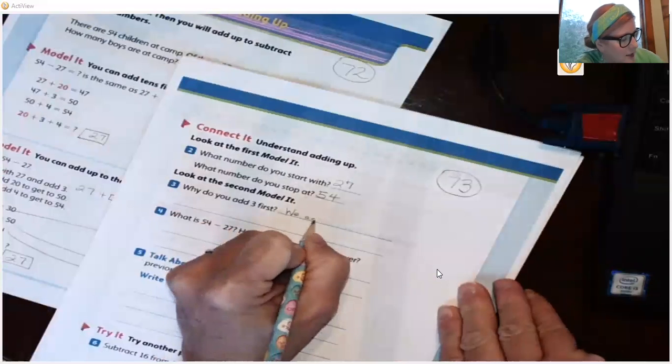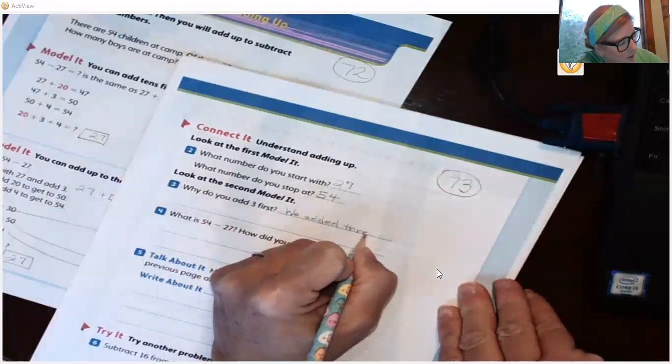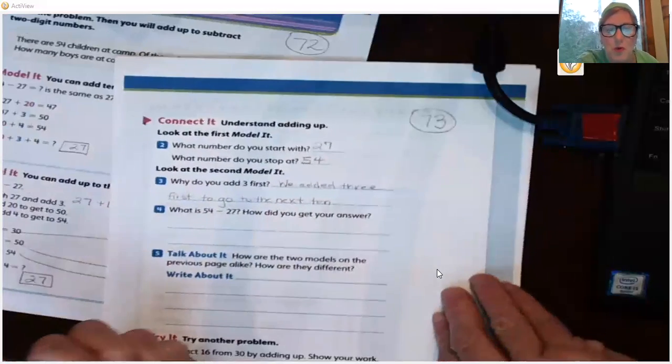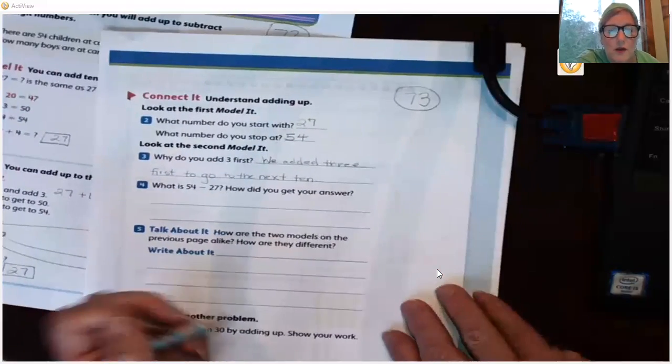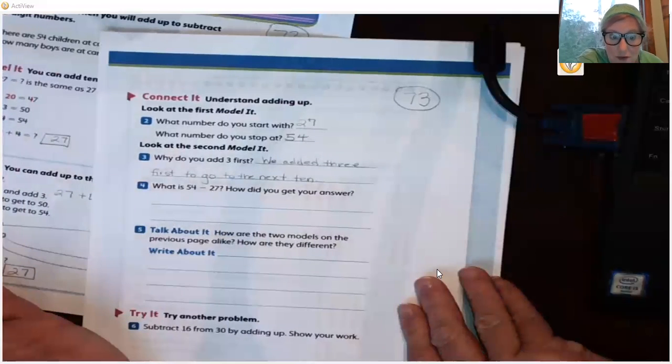We added 3 first to go to the next 10. Right. So you can pause if you need to write that or fix yours. You may have written something similar.